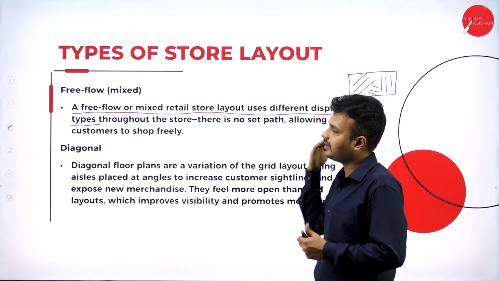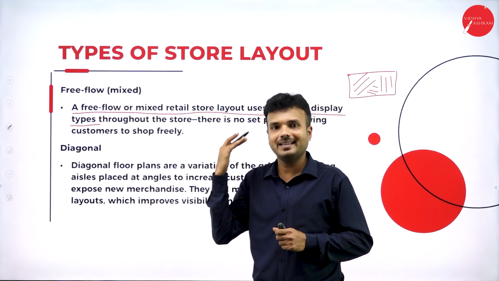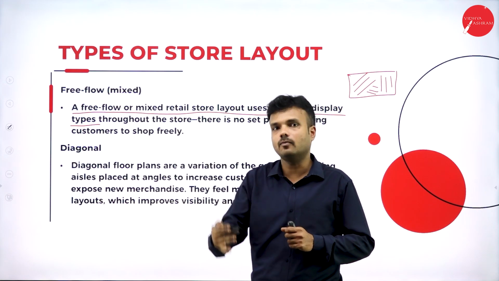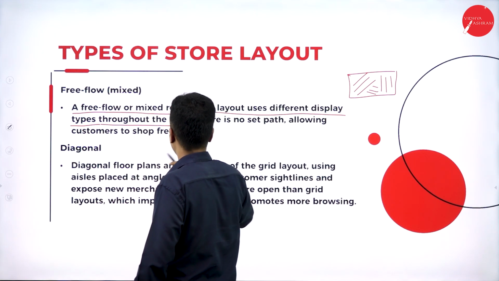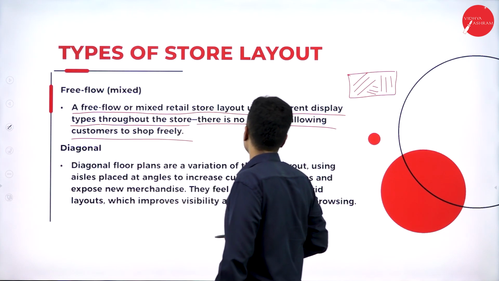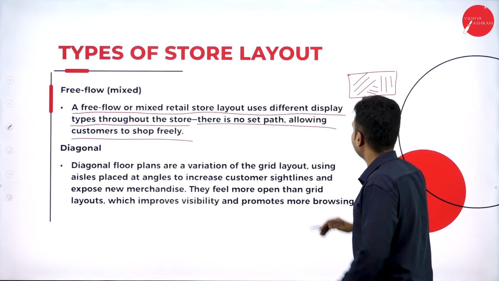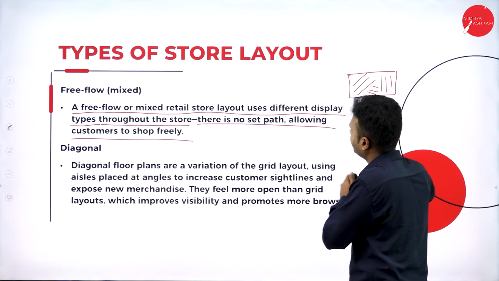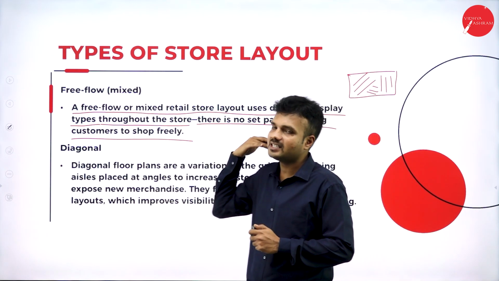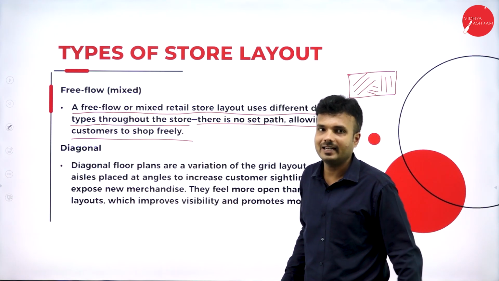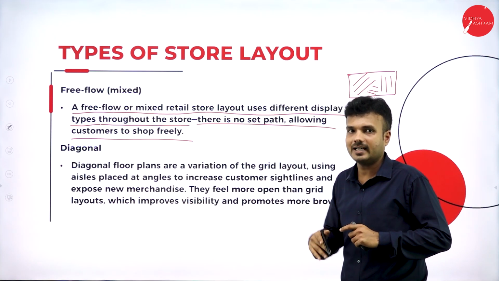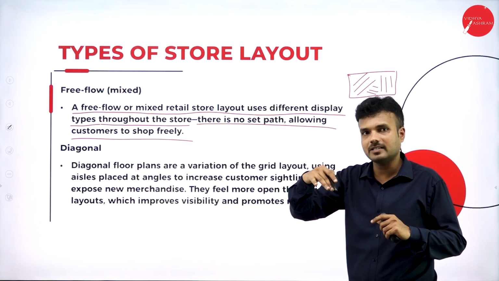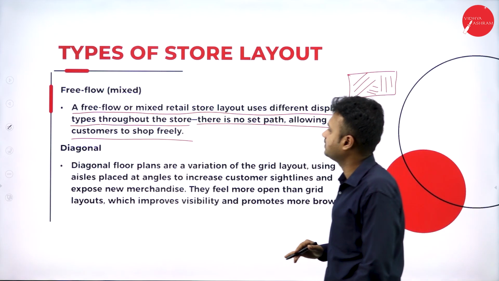The customer can walk wherever he wants and pick whichever product he wants. There is no set path, allowing customers to shop freely. So there is no proper set path that allows the customers to purchase the product freely.